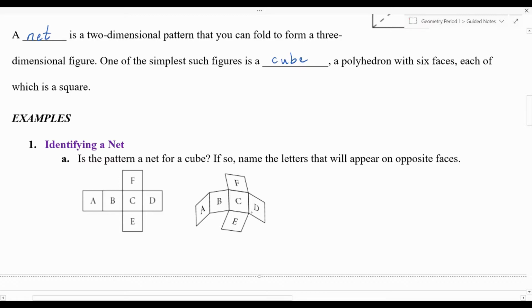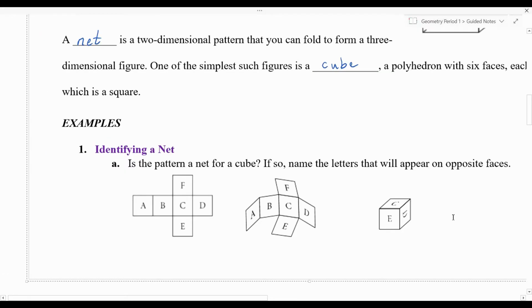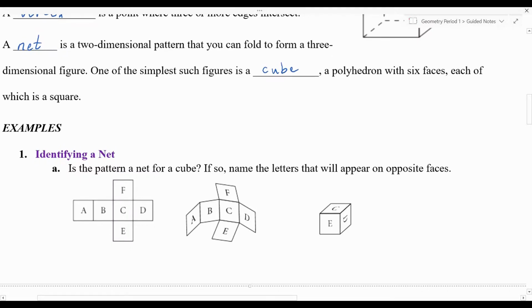If we complete the folds, our figure will end up looking like this. We fold the two-dimensional net along the edges, and we come up with this figure right here, and this indeed happens to be a cube.